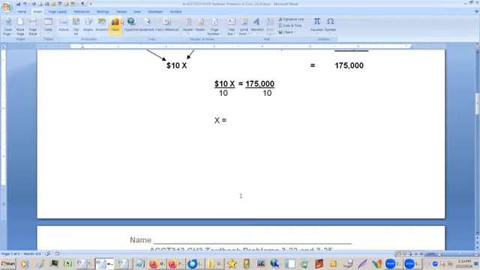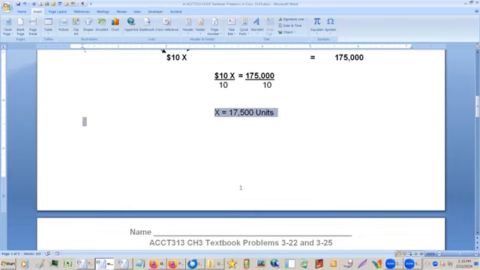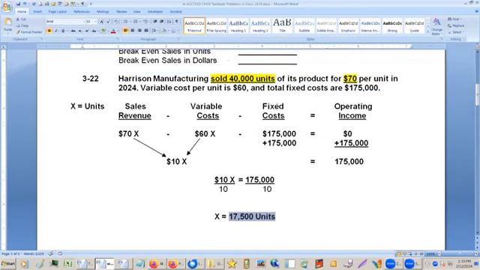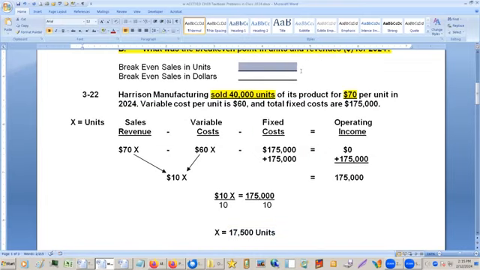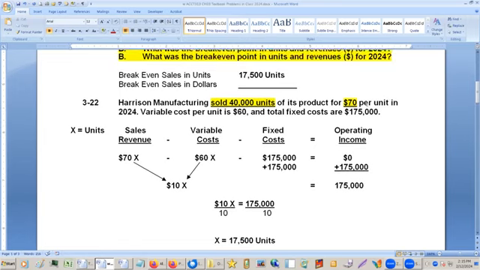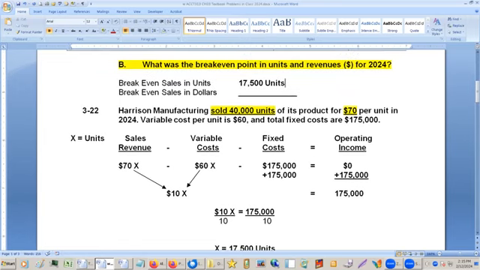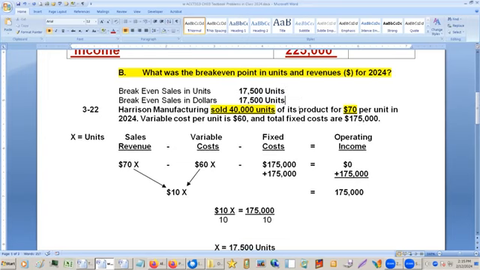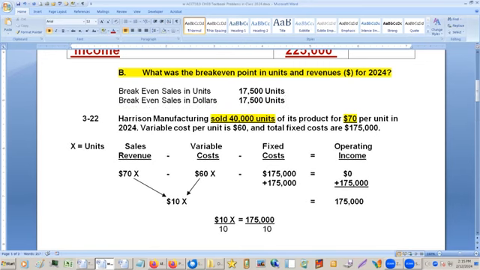17,500. So 17,500 units should get us break even. So our break even in units is that. And our break even in dollars is the units times our selling price.